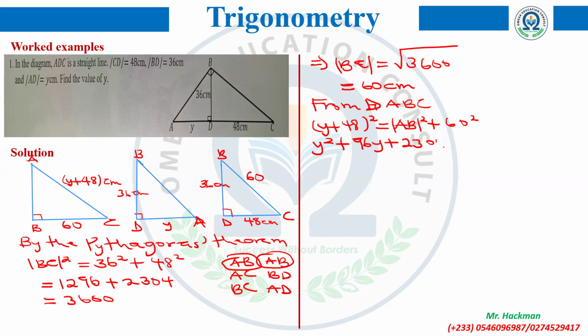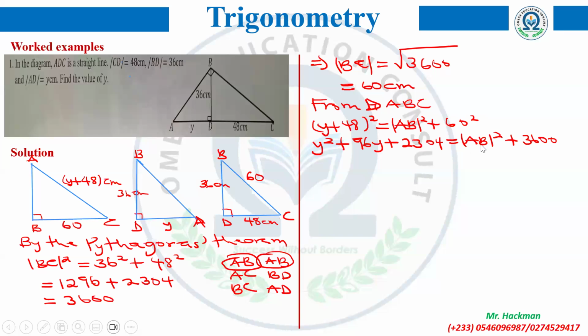I hope you are following, my professors. Yes, please. And that should be equal to the length of AB squared, then plus 60 squared. 60 squared, you also know. That will give us 3600.